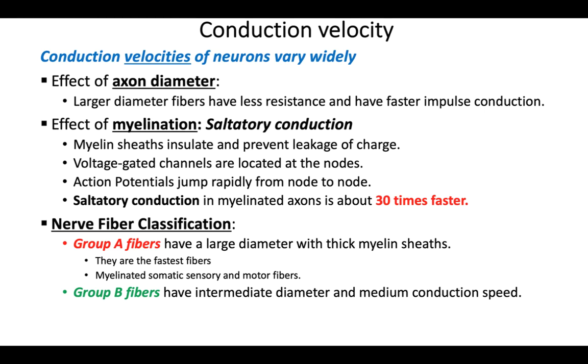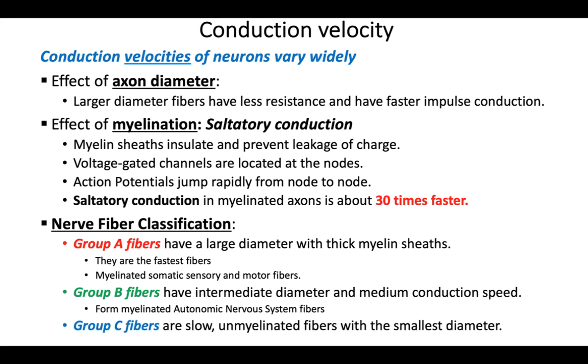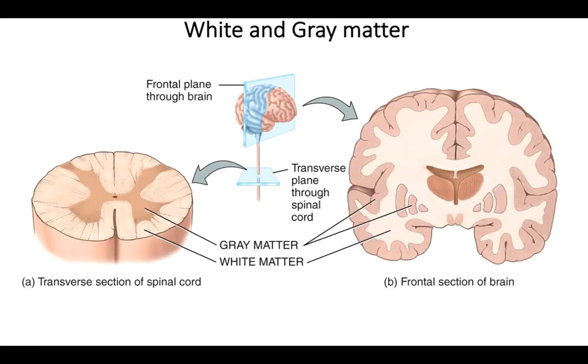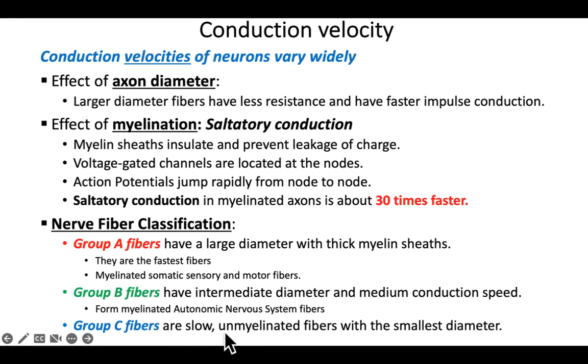They're not as large in diameter. They do have myelin, but they're found more in the autonomic nervous system. And then we've got group C fibers. These are unmyelinated and small diameter, so those are going to be the slower acting fibers.